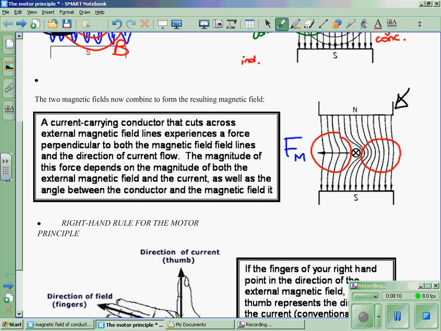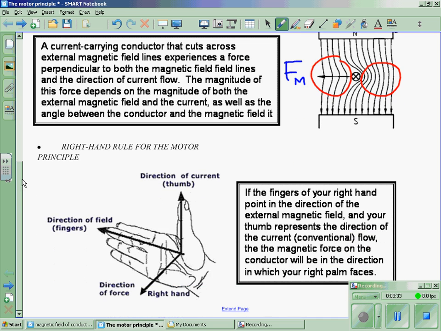Well, right-hand rule number 3 is very simple, but in this case, you're not going to form a curl with your fingers. This time, I want you to take your right hand with your fingers straight, so you have an open hand. I want your fingers, your thumb, and your palm to be all perpendicular to each other, kind of like the diagram over here.